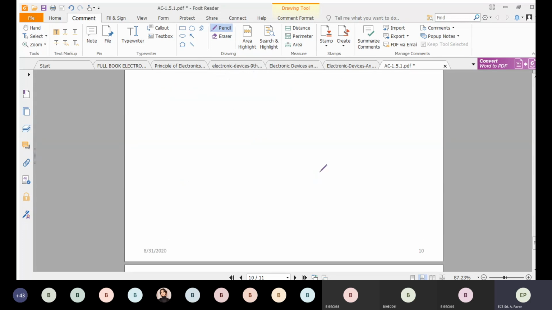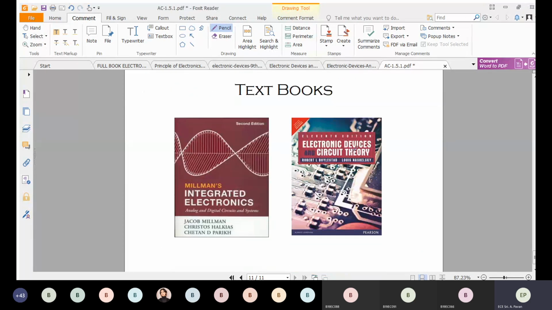If you have any doubt, you can ask me. These are the textbooks you're supposed to refer to. This textbook is already uploaded to the WhatsApp group. It is the only textbook we're going to use: Electronic Devices and Circuit Theory by Boylestad.